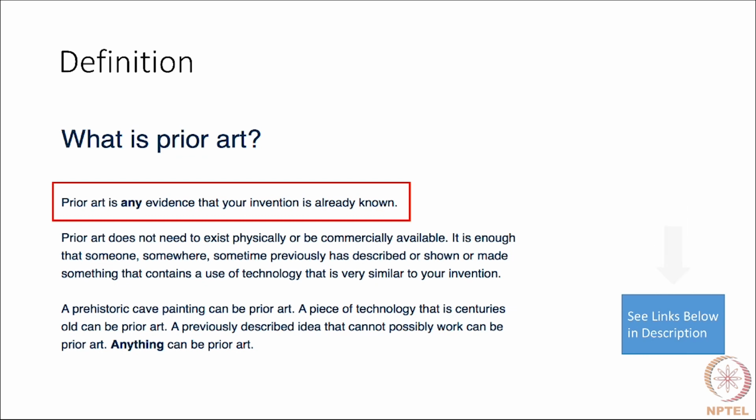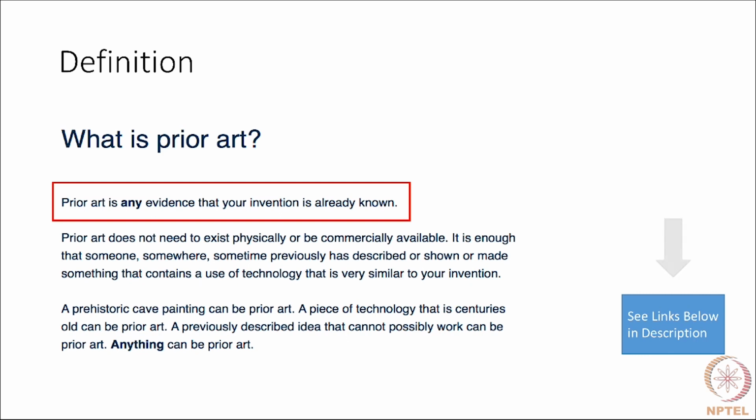So by prior art, we are referring to some kind of evidence. Now, in law, evidence can broadly fall within the category of oral evidence, which is what people say, and documentary evidence, evidence that is documented. So prior art in patent law, predominantly we are talking about documentary evidence against your invention or something which shows that your invention is already known.